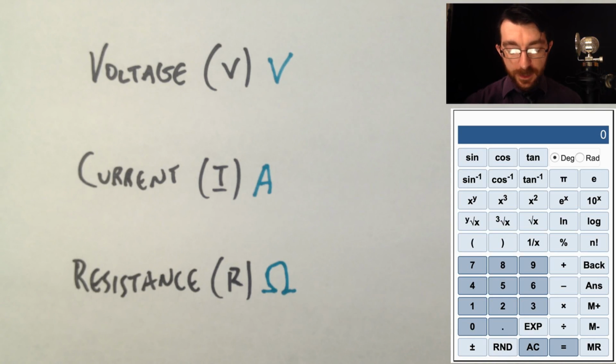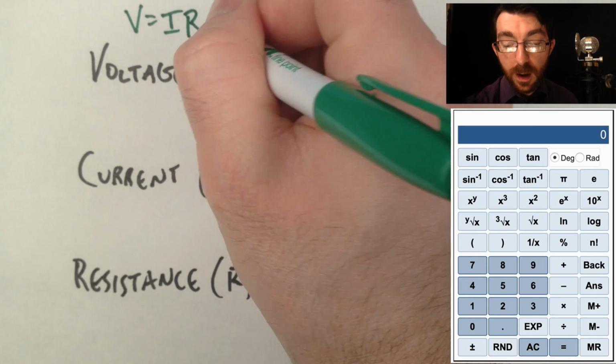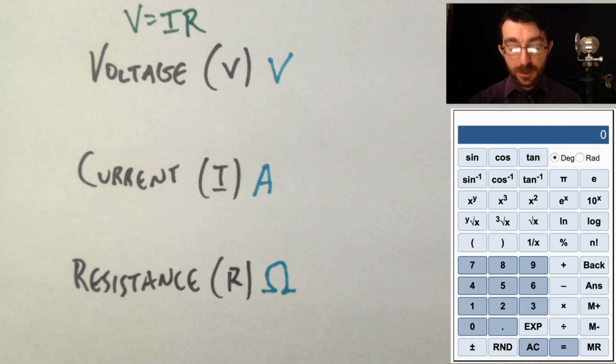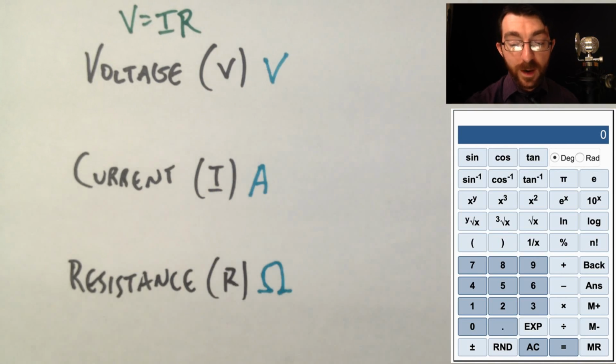Okay, and just for good measure, let's make sure that we actually have Ohm's law on here somewhere. So let me stick that here. V equals IR. There we go. So we've got Ohm's law. We've got the three quantities in Ohm's law, the variables that stand for them, and then the unit.